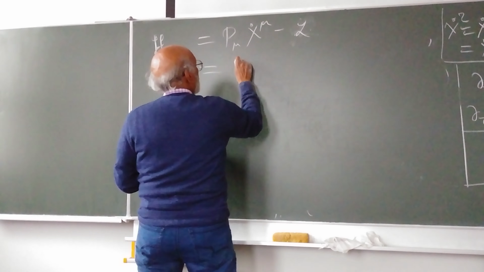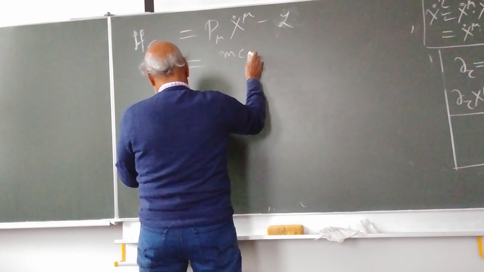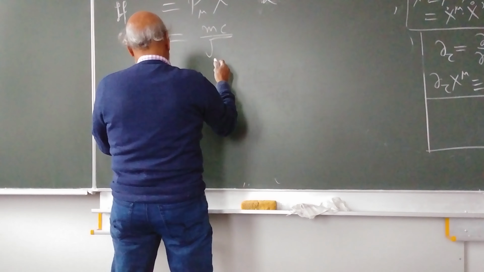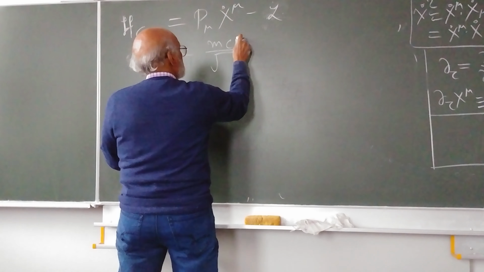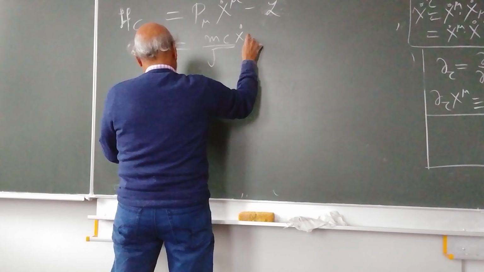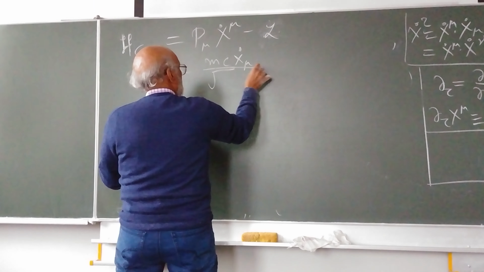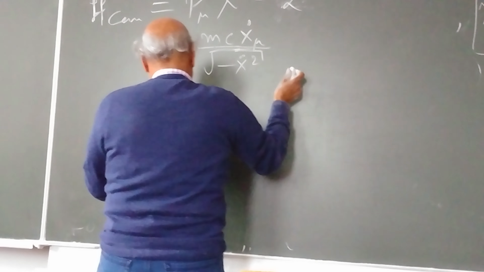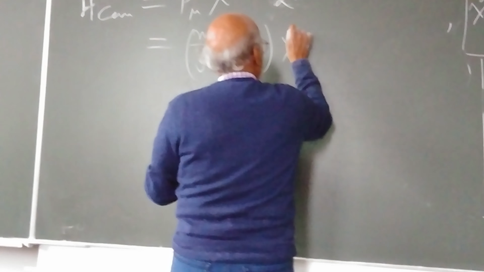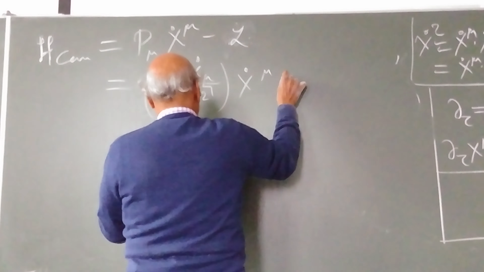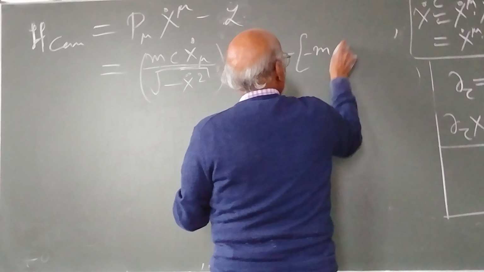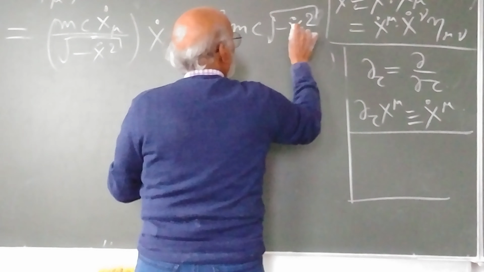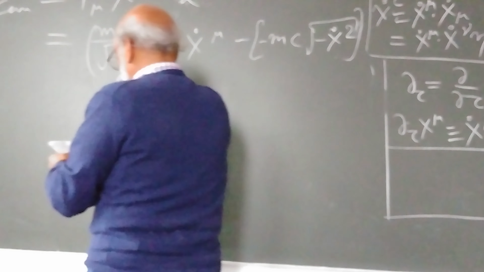Okay, supposing I have the canonical Hamiltonian density P mu x mu dot minus L, and this is what I would have. So MC times P mu, I have erased. What is P mu? It is MC x mu dot divided by the square root of minus x dot square, times x mu dot, minus minus MC times minus x dot square.